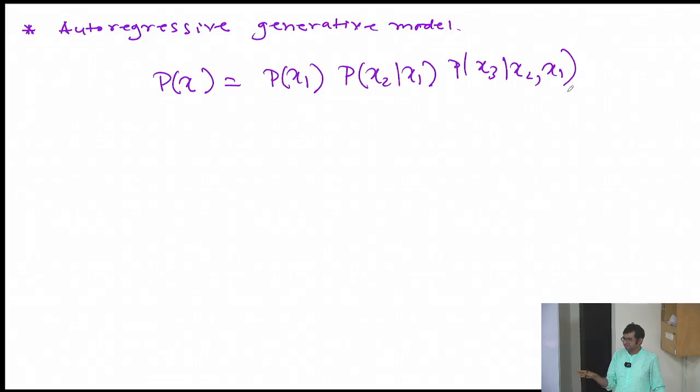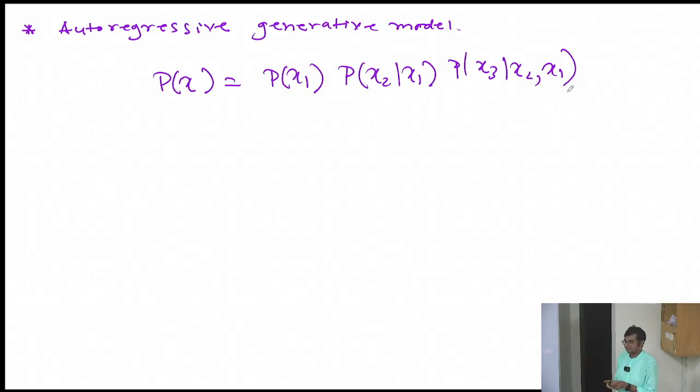Bernoulli or Gaussian, something simpler. P of x2 given x1 was some simple distribution. P of x3 given x2 comma x1, again simpler. But that's not the point. The other point is that they were simpler but also normalized distributions. P of x1 was a normalized Gaussian or a normalized Bernoulli. P of x2 given x1 was a normalized Bernoulli or normalized Gaussian, and so on and so forth.